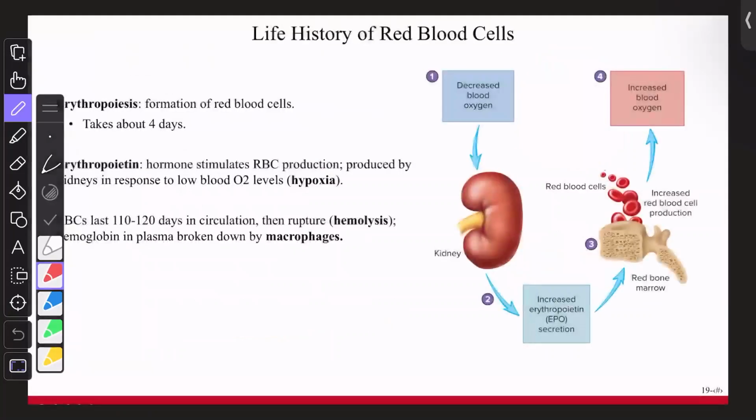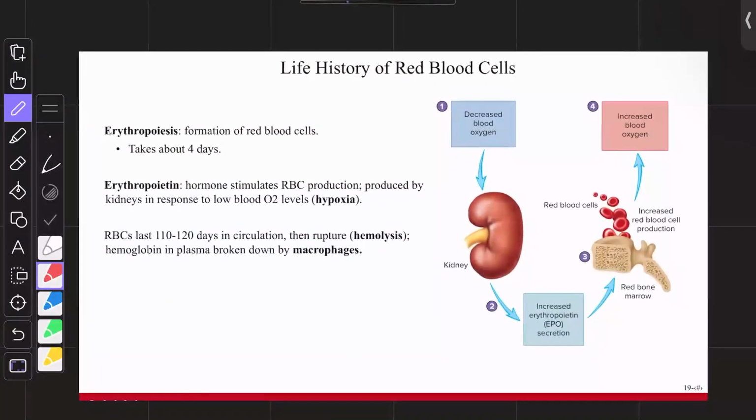Okay. All right. So we've talked about the hormone erythropoietin and that its job is to stimulate red blood cells. It does so through a process. This is another one of those beautiful things about how they name some stuff in anatomy and physiology. The process of forming red blood cells is erythropoiesis.